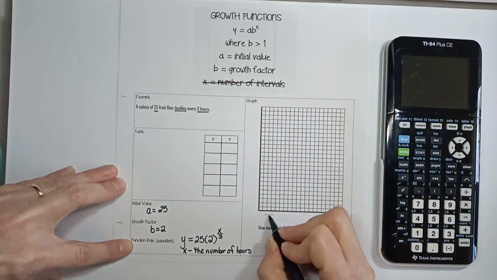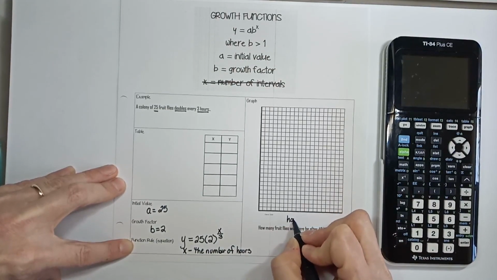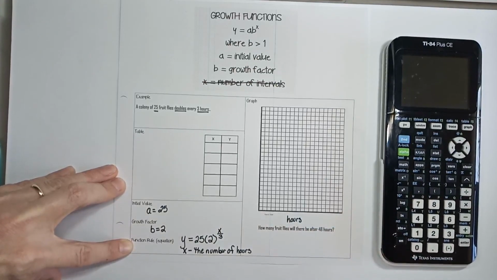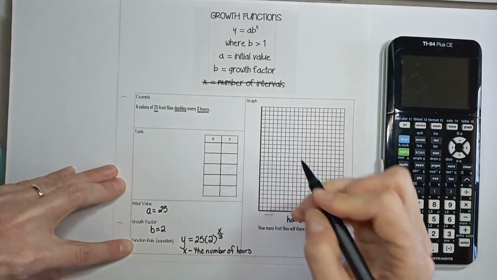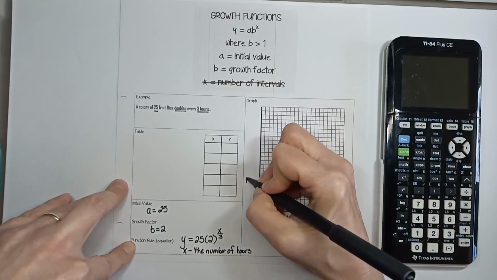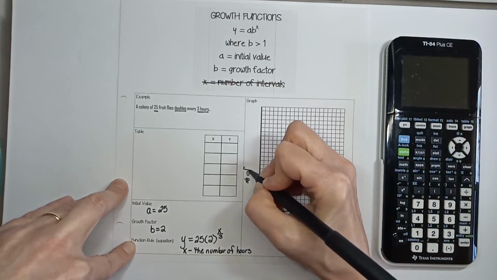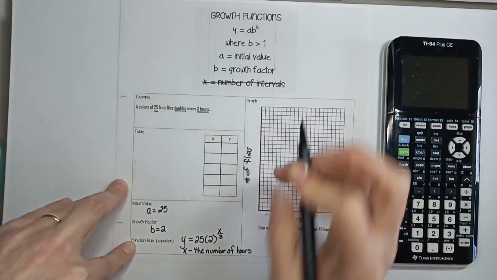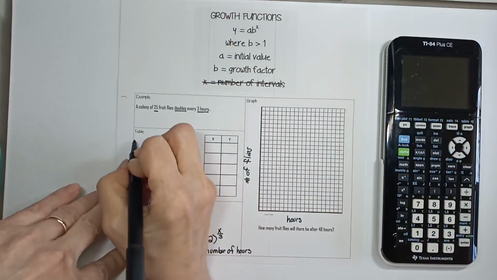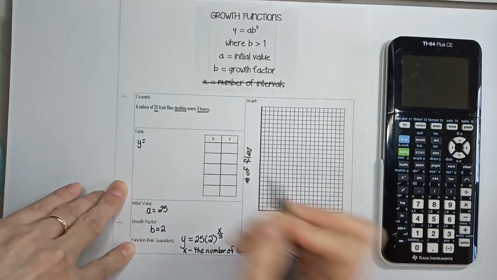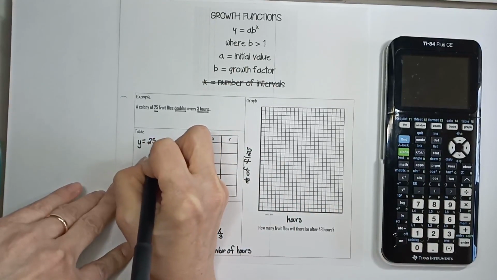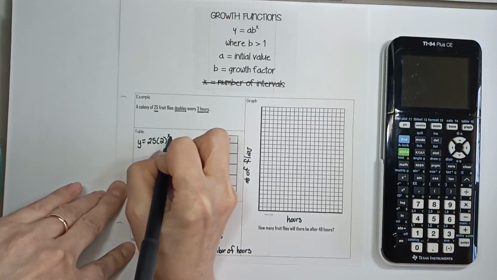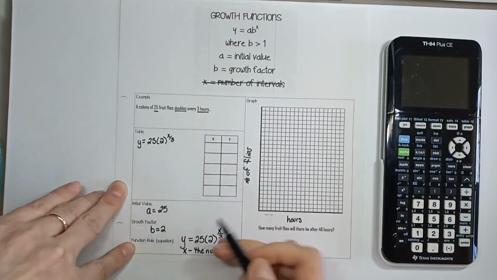Now, the bottom of this grid is going to be our hours, and the side is going to be the number of flies. Okay, so let's take our equation y equals 25 times 2 to the x over 3, and let's choose a few numbers to put in here.